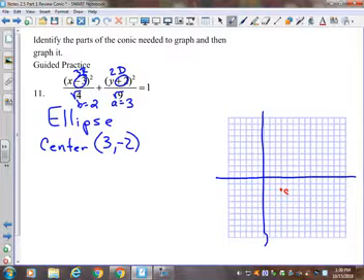Now the y values are going to go up and down 3 from that center. So up 3, that will be a vertices, and down 3, that'll be a vertices. Vertices are things that look like maxes or mins, right? So where are those 2 points? 3, 1.